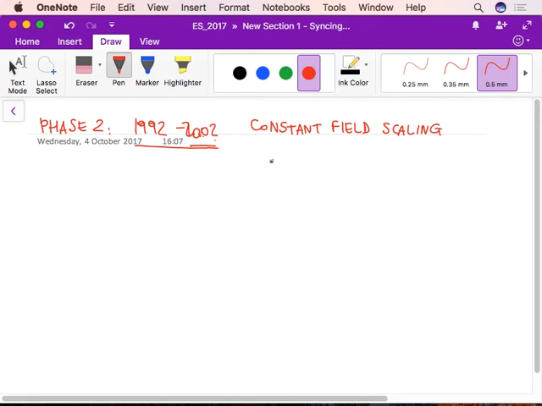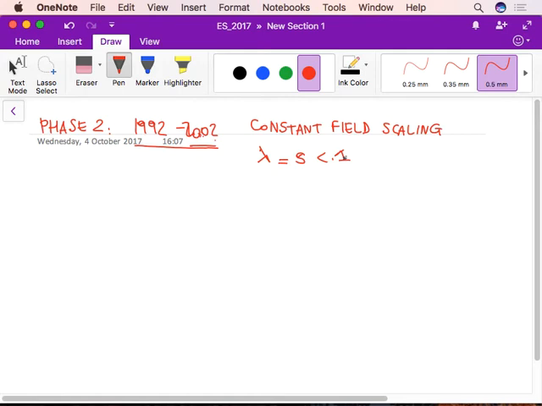Constant field scaling means that lambda was kept equal to S, and of course both smaller than 1. In practice, if you scale the voltages in the same way as you scale the length, then the electric field remains more or less constant. And indeed, this is the reason why it is called constant field scaling.